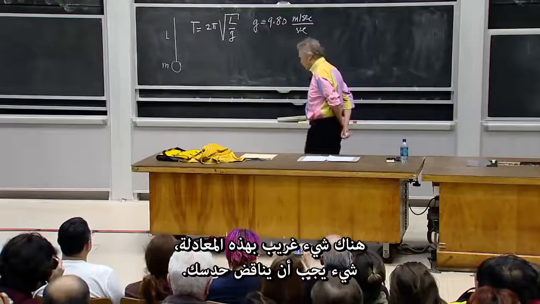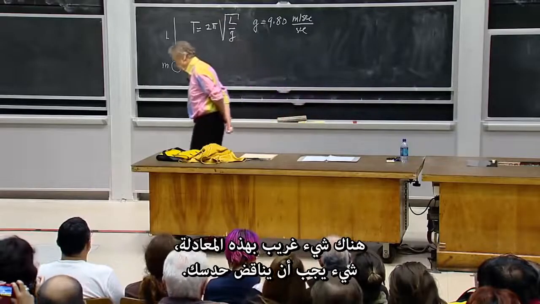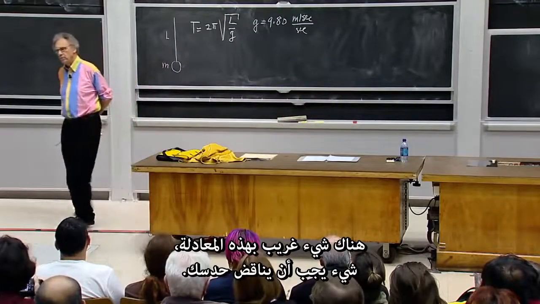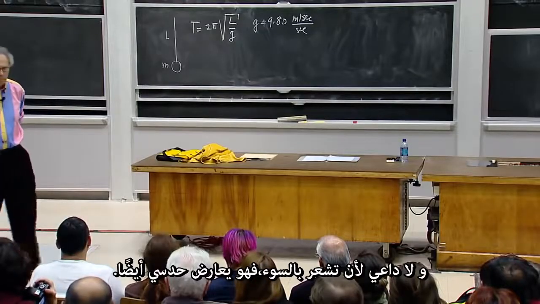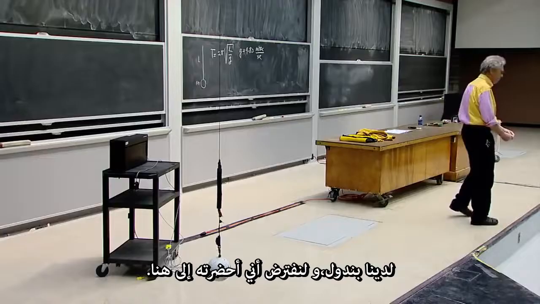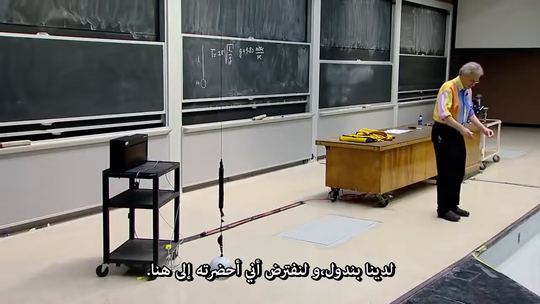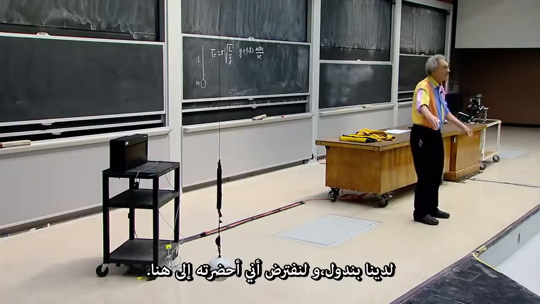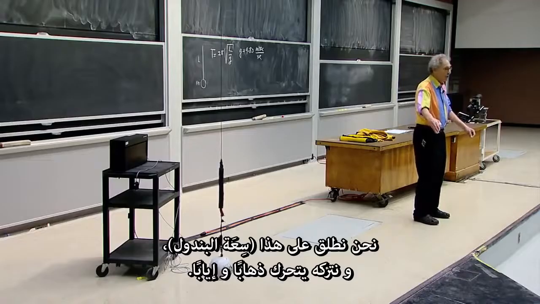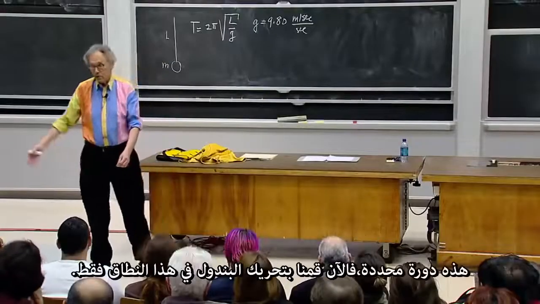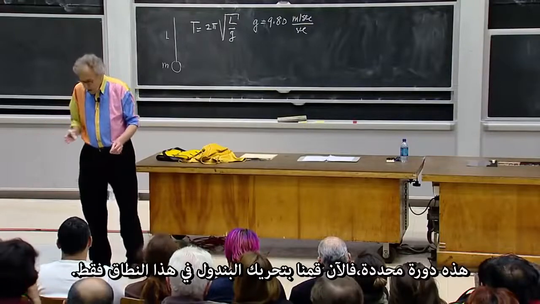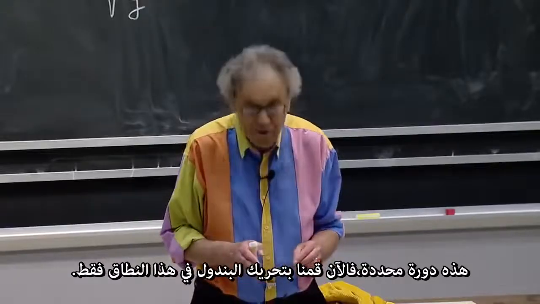And so that's the meaning of G. There is something weird about this equation, something that must go against your intuition. You shouldn't feel bad because it also goes against my intuition. So we have the pendulum, and suppose I bring the pendulum all the way out here. We call that the amplitude of the pendulum. We let it swing back and forth. There's a certain period. But now we bring it out only this far.